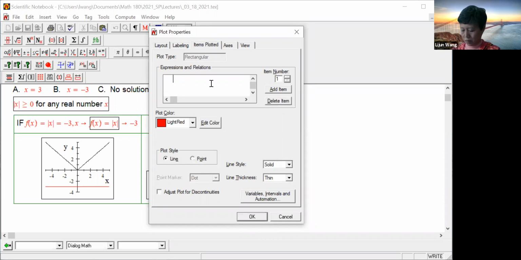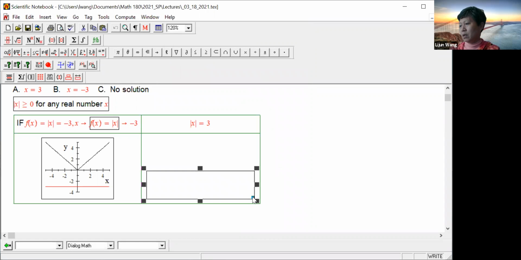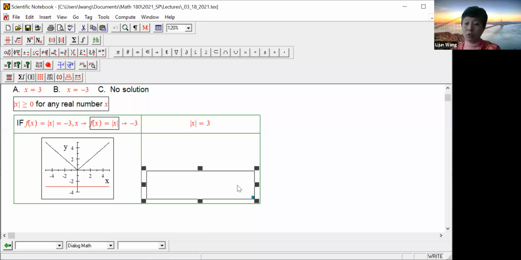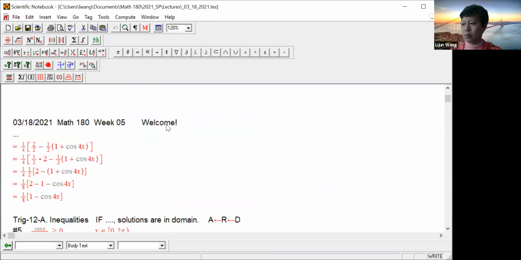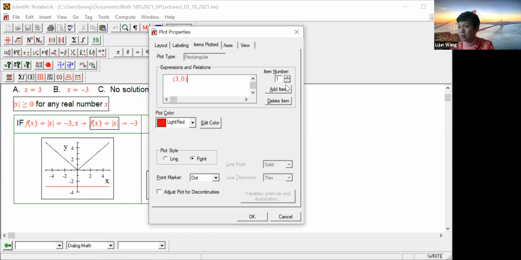Okay, I just put it. Hold on. Sorry about that. I'm just dealing with the mundane details of using the software. There's no solution. Okay, there's no solution whatsoever. So now you understand why I give you these two interpretations. I need to remove these 2 points.